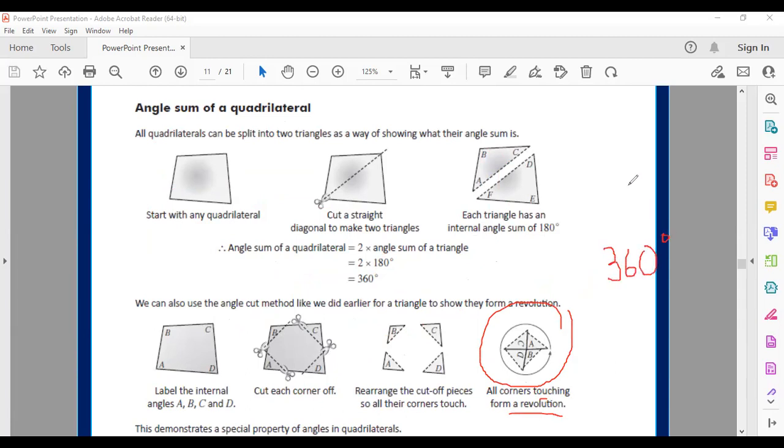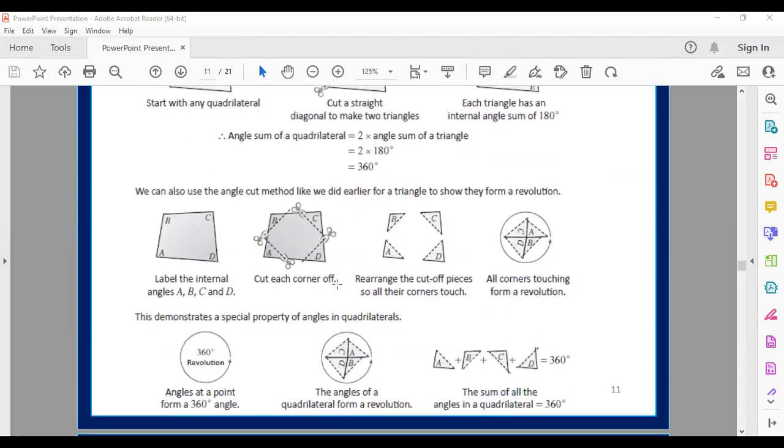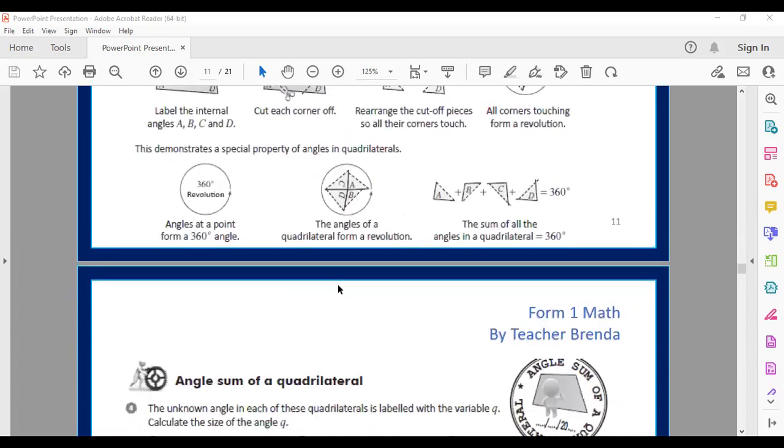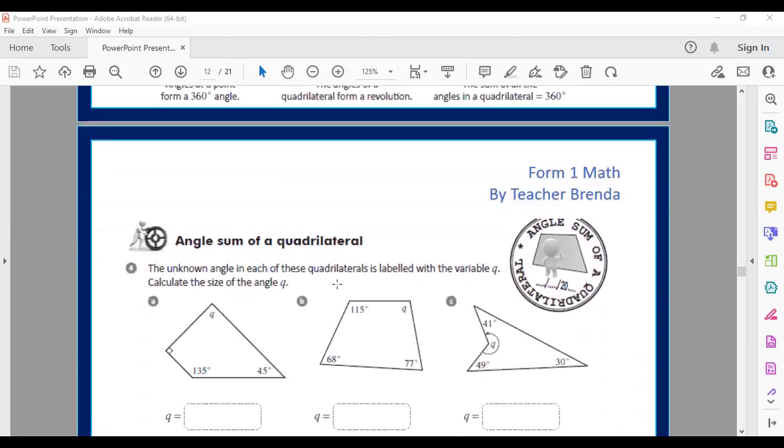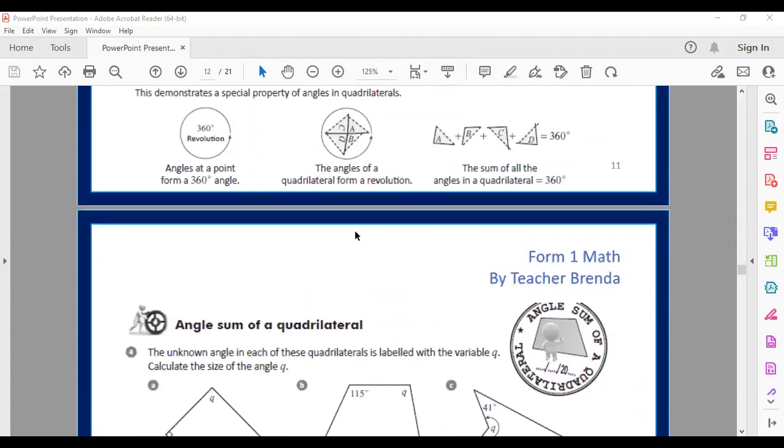That's a revolution. That means from here, I start, I come back. Do this and prove to yourself. This is an experiment. If I'm in a physical class, I'll make you cut pieces out. So this is proving that all the angles inside a quadrilateral add up to 360.